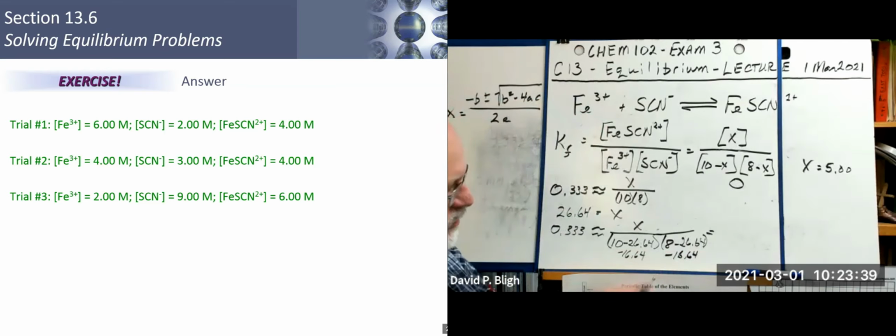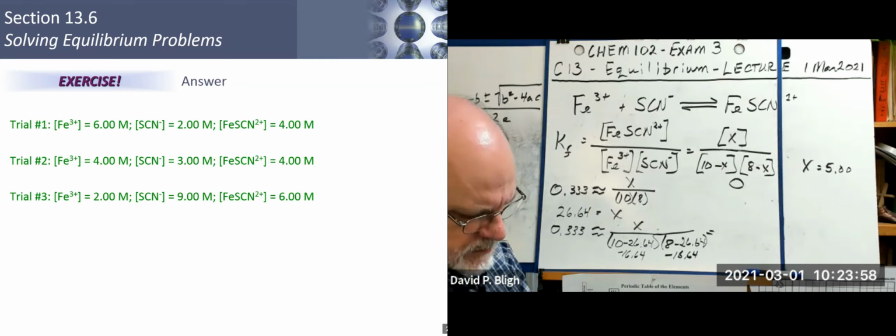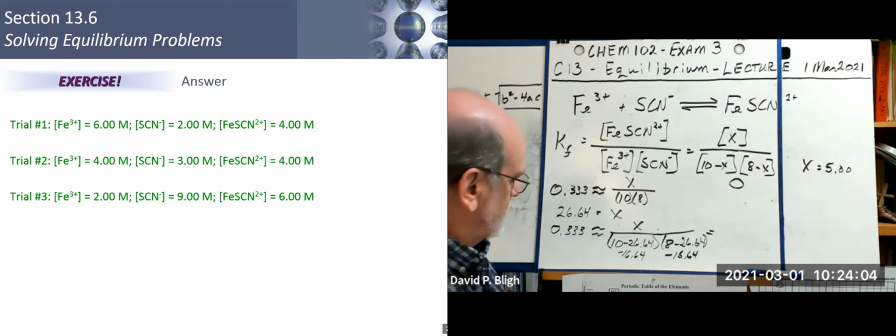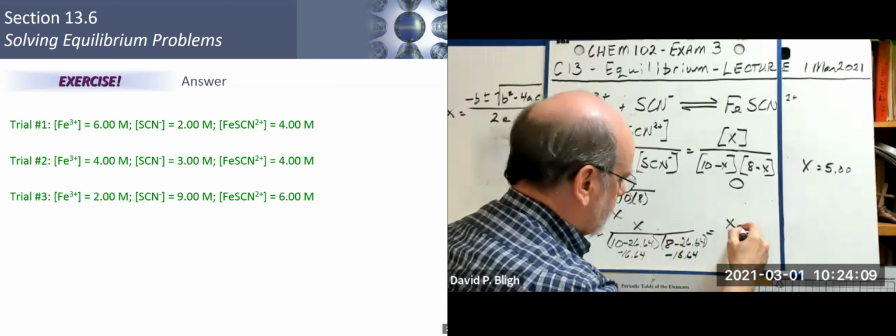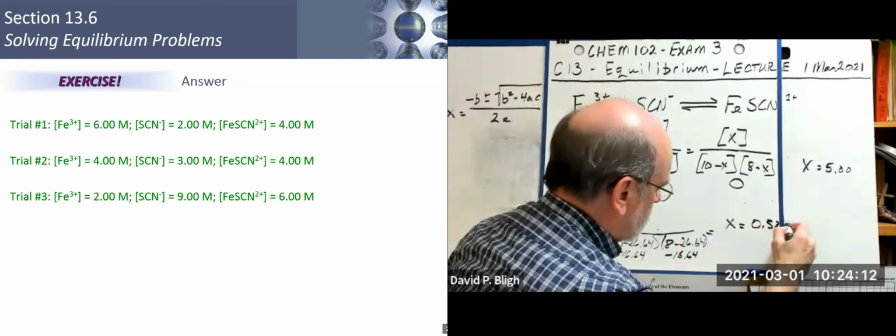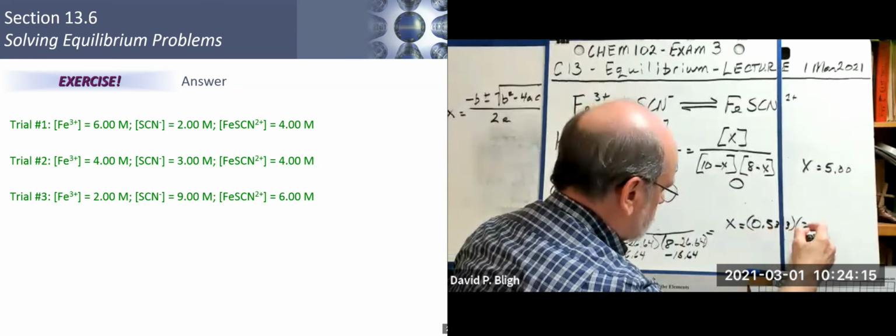Okay, so let's multiply those two together. And I'm going to have to put one of them in manually. 310.2. So then X would be 0.333 times 310.12.